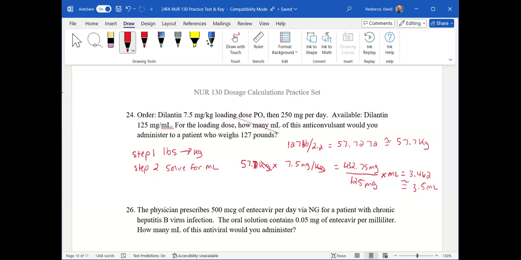But if you ever want to double check, all you do is plug in the 127 divided by 2.2, take whatever that number is in your calculator, multiply by 7.5, divide by 125, and then you should get around the same answer after you round that, 3.5 milliliters. Okay. All right. So those are the new types of questions that you'll see.